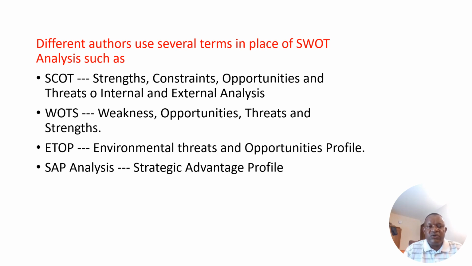Some others use WOTS, which is weaknesses, opportunities, threats, and strengths. Others use ETOP, which is environmental threats and opportunities profile. Then there is also SAP analysis, which is strategic advantage profile. These are just some of the several other terms used in place of strengths, weaknesses, opportunities, and threats analysis.